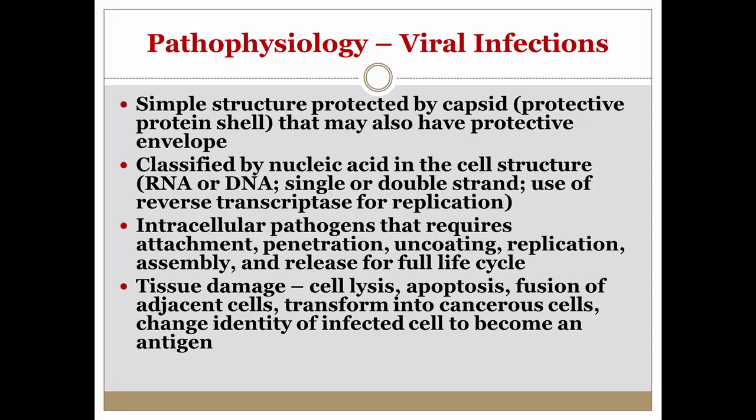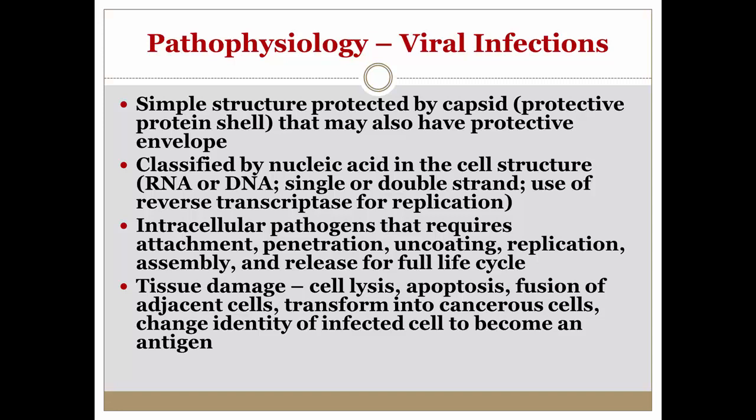Inside the cell now, it is able to replicate, and it replicates the viral proteins as well as messenger RNA that then assembles a new product that is called a virion. Once it does that, now it is ready to be released into the circulation as a mature virus cell to go to another cell and do additional damage.